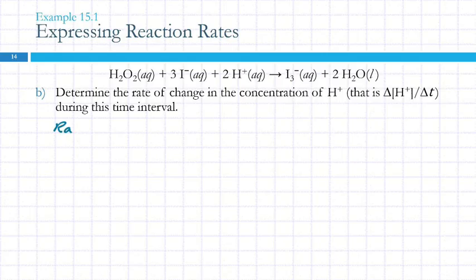We know that the rate of this reaction is 0.00440 because we just calculated it. That's the rate. Now what they're asking us for is the rate of change of the hydrogen ion.